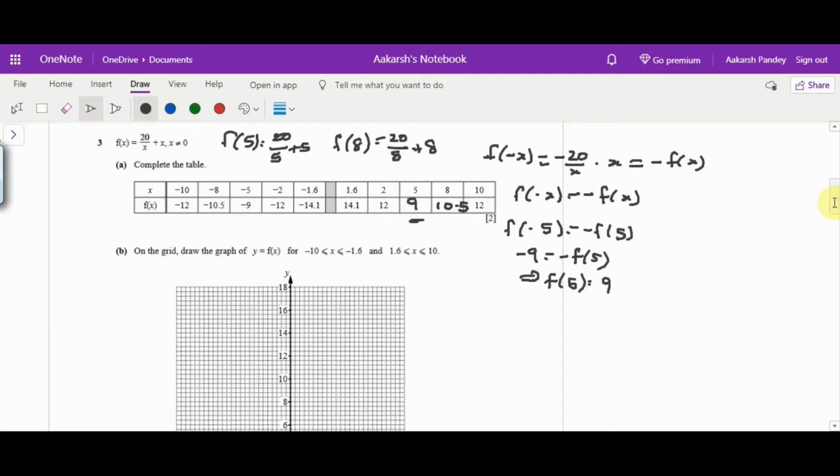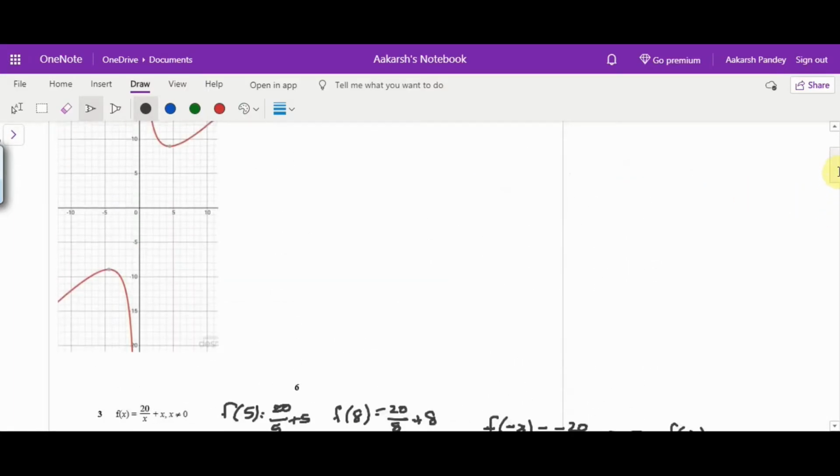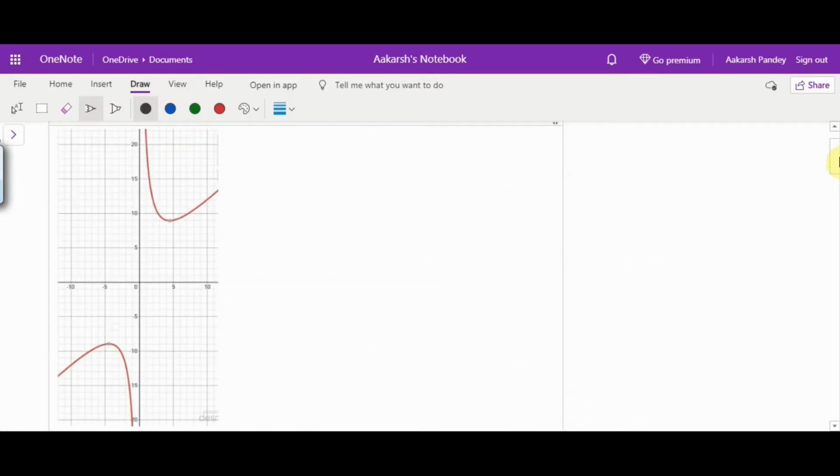So moving on, now to plot these points, I have used a graphing software. Actually, you can just plot the points by hand and try to draw a smooth curve and connect those points.